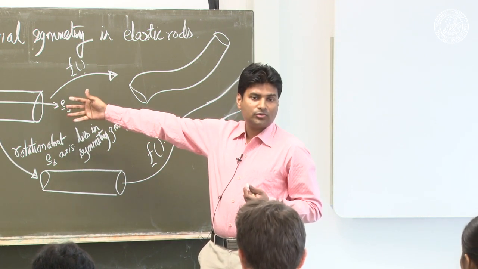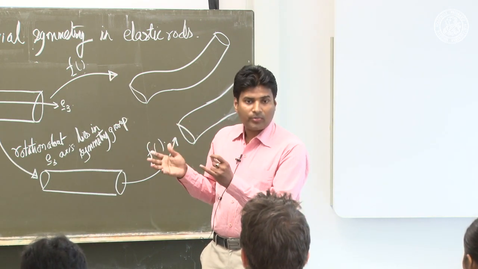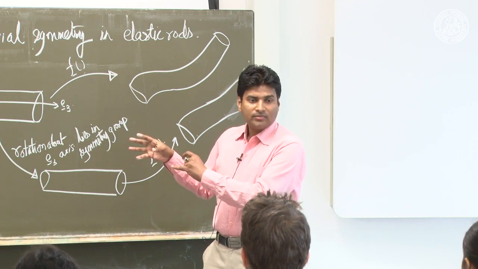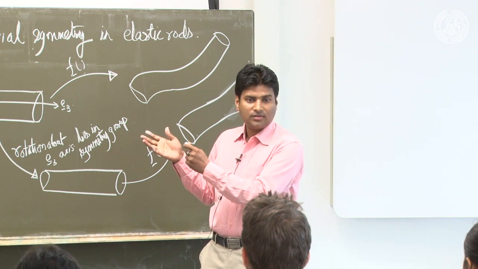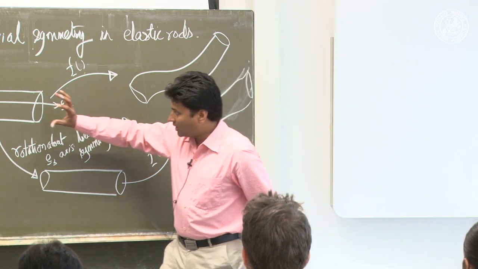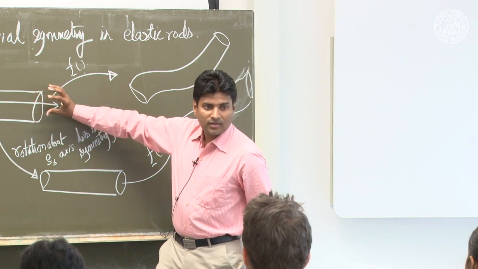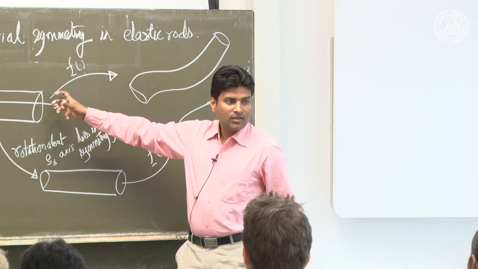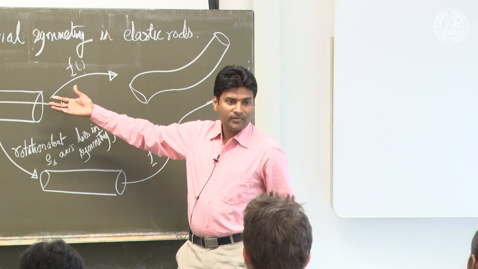What symmetry group? So symmetry group comprises of all operations which, when you perform, lead you to the same body, isn't it? So here you have an elastic rod, circular. If you rotate about E3 axis, it still looks the same, right?